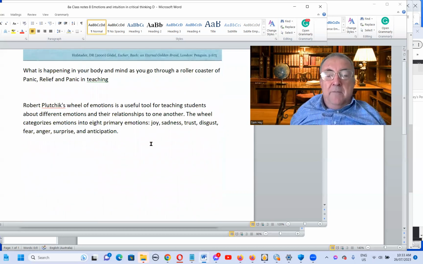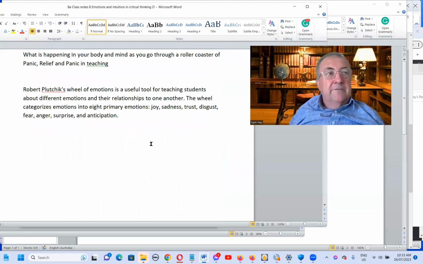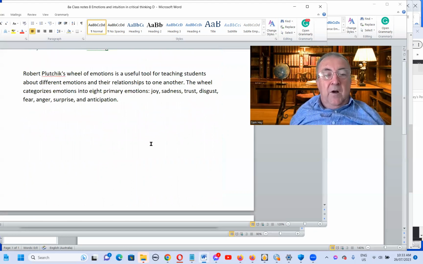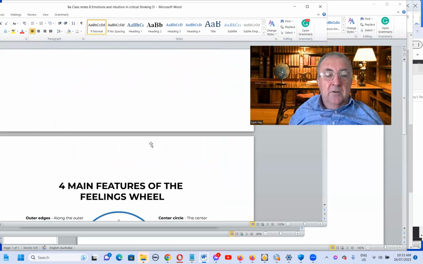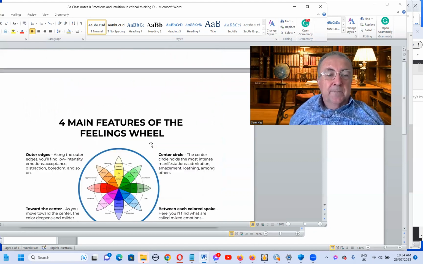And so our emotions can move quickly from one to another depending on the story that's being told, the situation that's being told.